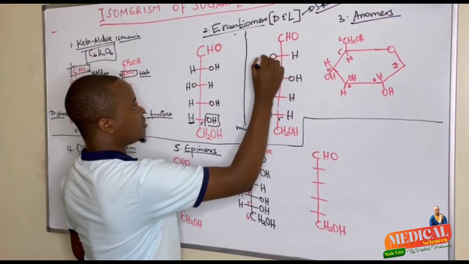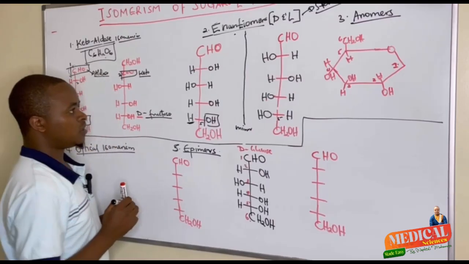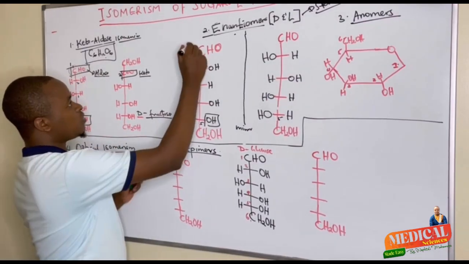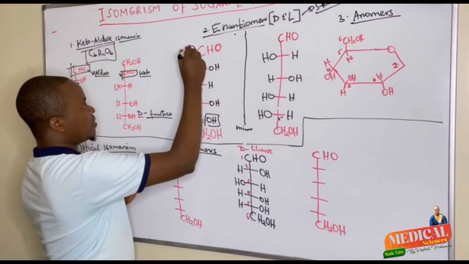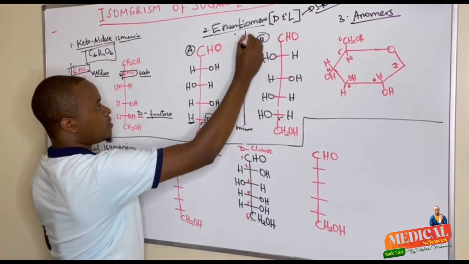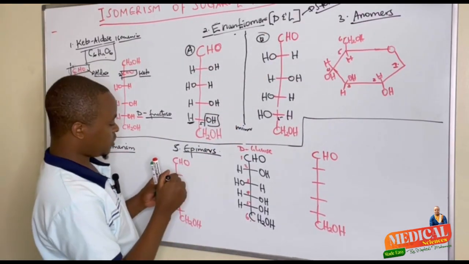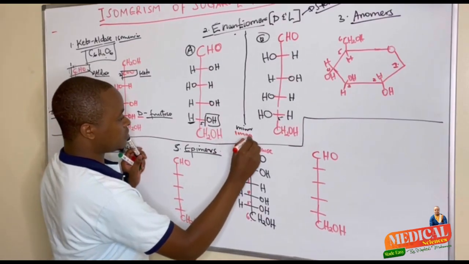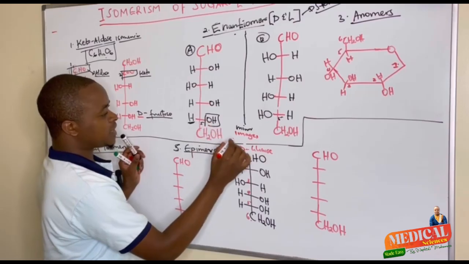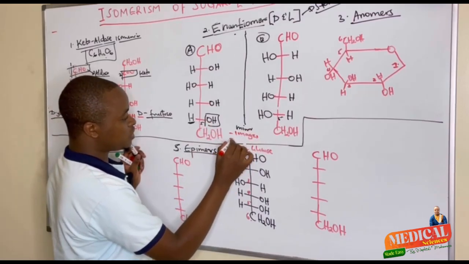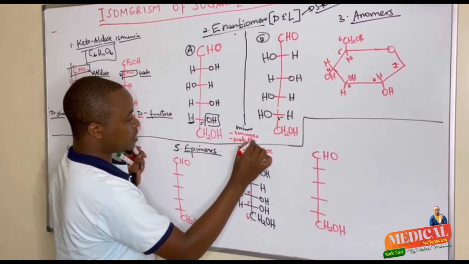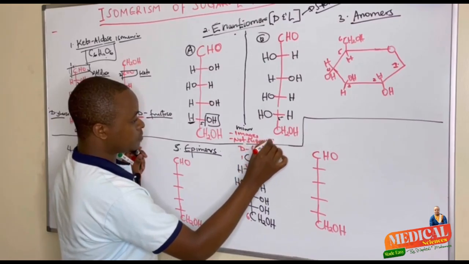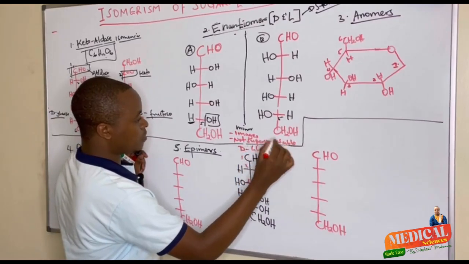So these ones are what we are calling mirror images. So we are going to see that glucose A and B are mirror images of each other. But they are mirror images, not superimposable.